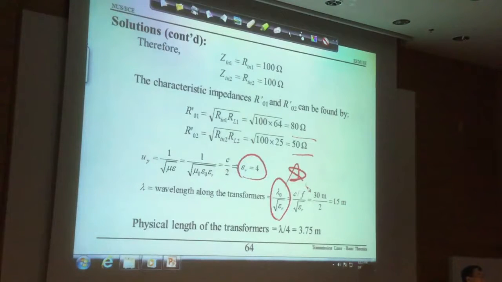The tricky part is here. If you don't use it correctly, a few marks will definitely be lost. Now this is the tricky point. Then the wavelength turns out to be this value, which is very straightforward, not difficult.